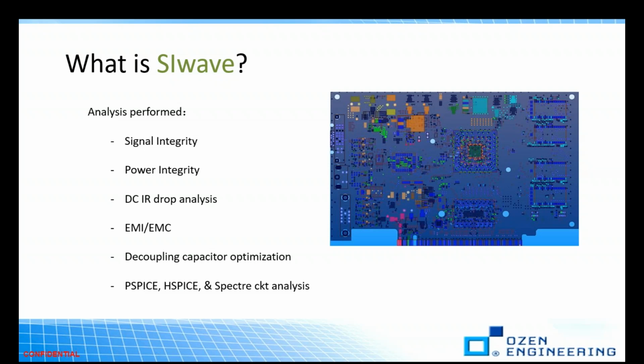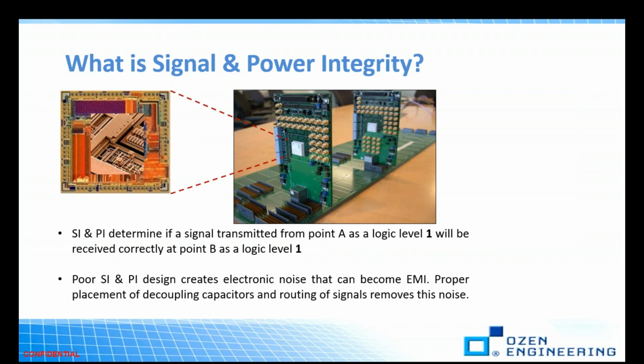With all these solver capabilities, the types of analysis we can perform in SIwave include signal integrity, power integrity, DC IR drop analysis, EMI, EMC, decoupling capacitor optimization, and PSpice, HSpice, and Spectre circuit analysis. A lot of the focus in the PCB industry is to assess signal and power integrity performance.